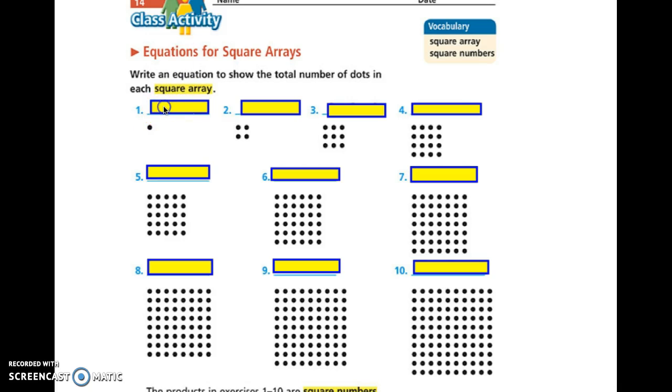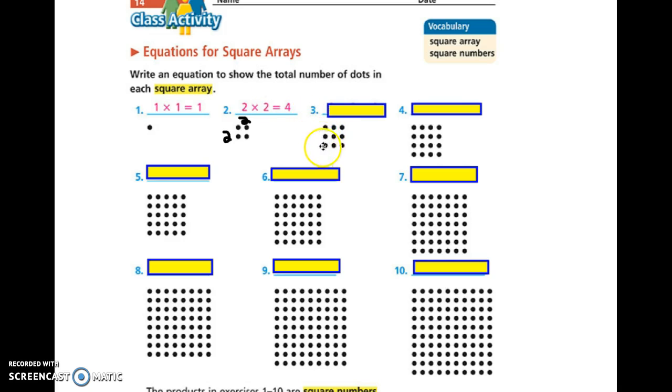Yeah, I'd have to do 1 times 1 equals 1. Now it gets a little easier once you get past 1 here. Now I just count the dots. On this side I have 2, and this side I have 2 dots. So my multiplication equation is going to be 2 times 2 equals, and if you look there, how many is going to equal? 4.